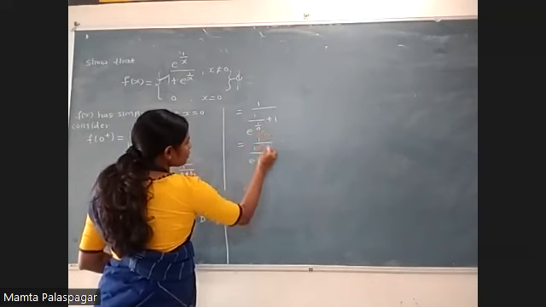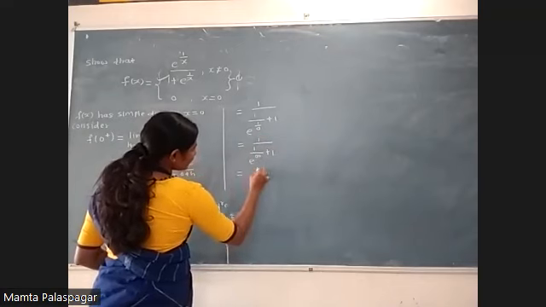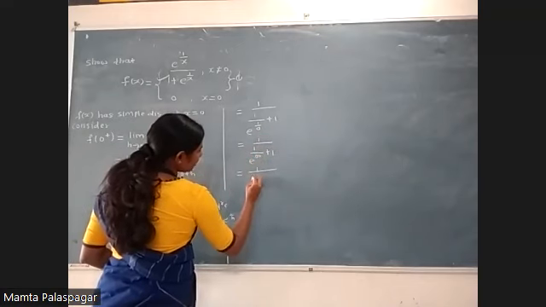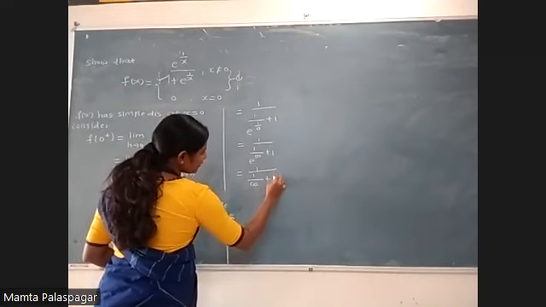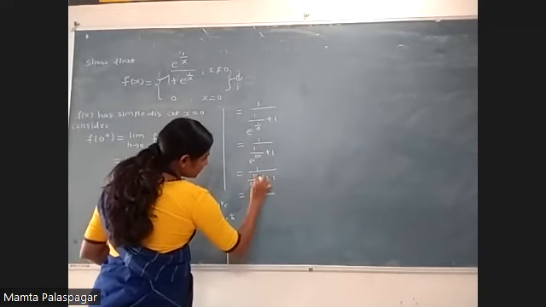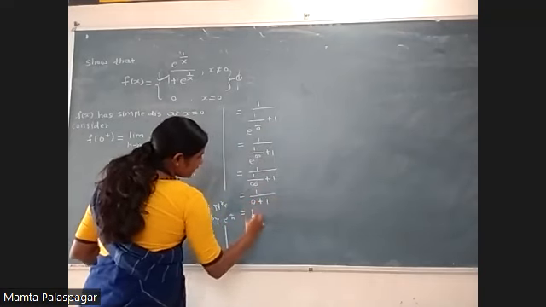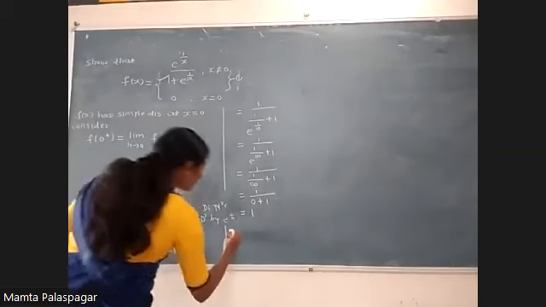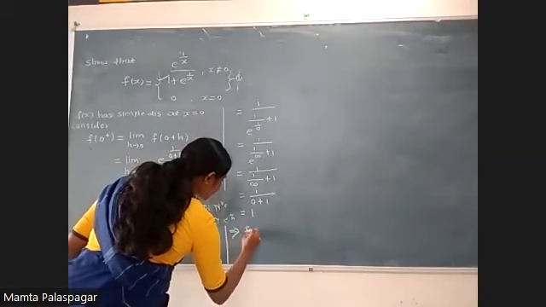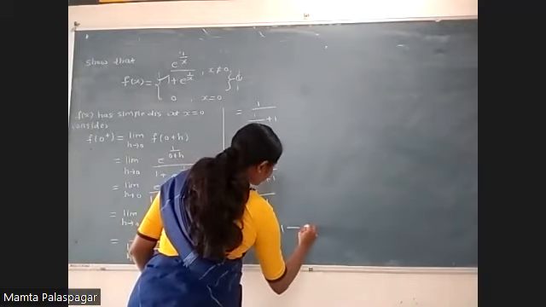It means the value of 1 upon 0 is infinity, and here 1 is constant, take it as it is. In the next step, we get 1 upon e to the power infinity, the value is infinity, plus 1. In the next step, 1 upon infinity is 0, plus 1. So here we get the value of the right hand limit equal to 1. So write this as equation 2, that f of 0 plus is equal to 1.